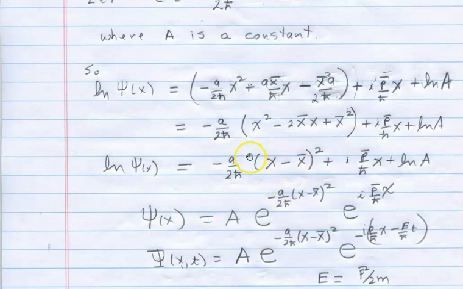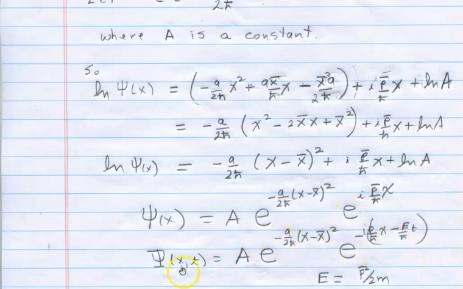E to this is the same as e to this, and e to this. And e to the natural log a just gives me a. E to the i p bar over h bar x just gives me this term. And then this term gives me this exponential of minus a over 2 h bar times x minus x bar squared.